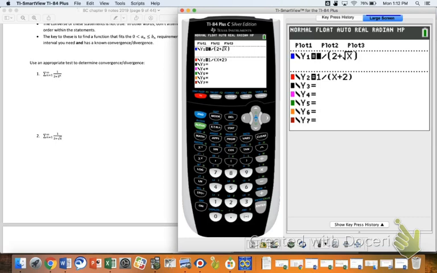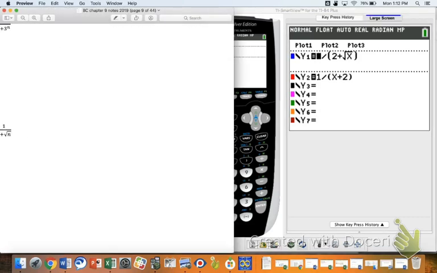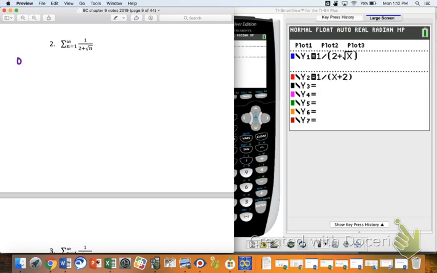So let's go ahead and write out the relationship first. I can say this: 0 is less than 1 over n plus 2, which is less than or equal to 1 over 2 plus root n, on what interval?